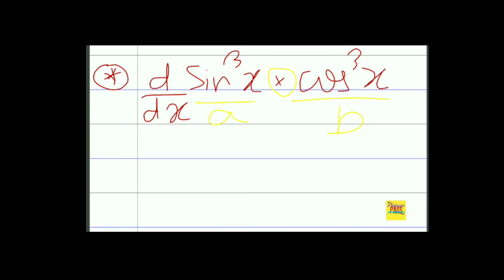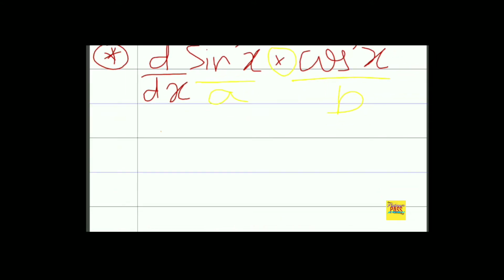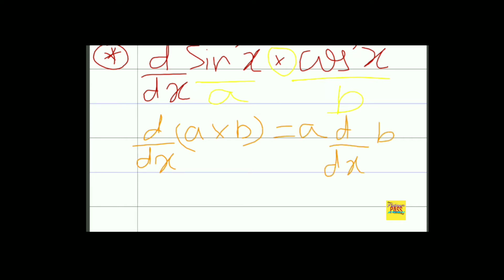First of all, I will write down the formula: the differentiation of a into b becomes a into differentiation of b, plus b into differentiation of a.